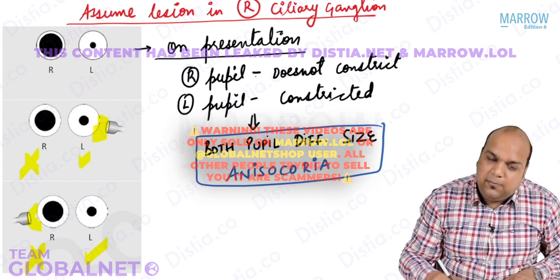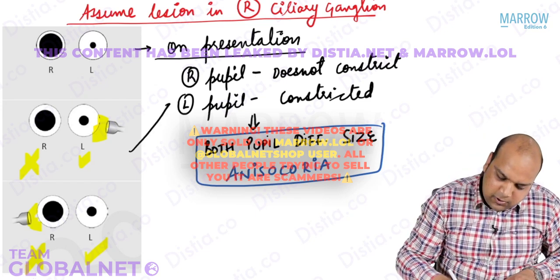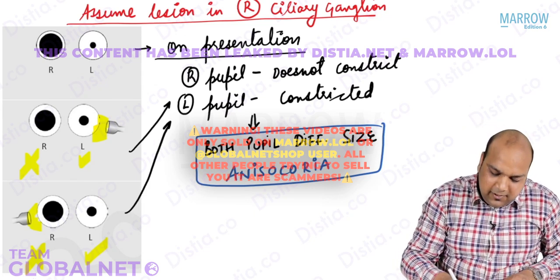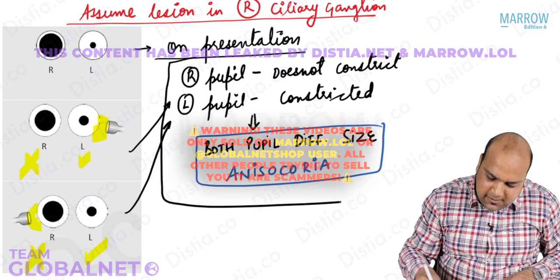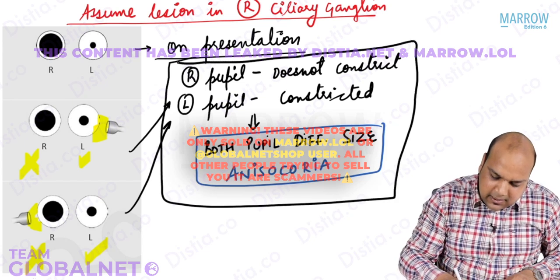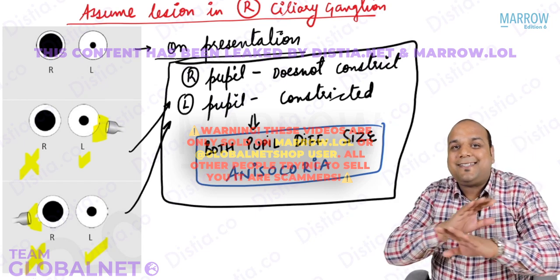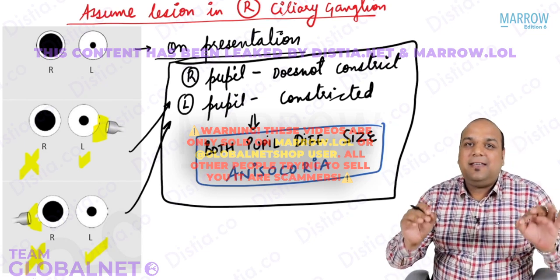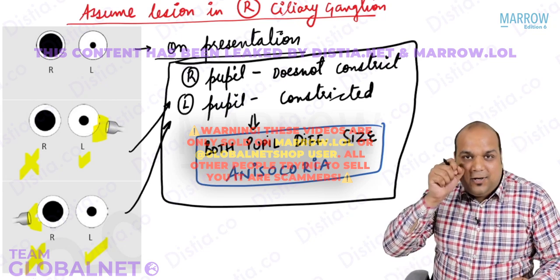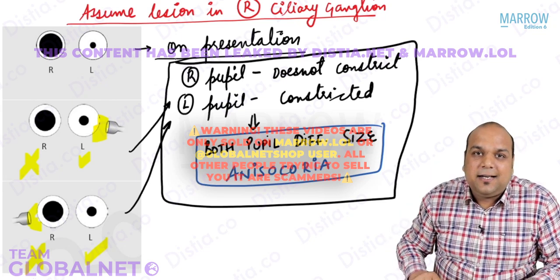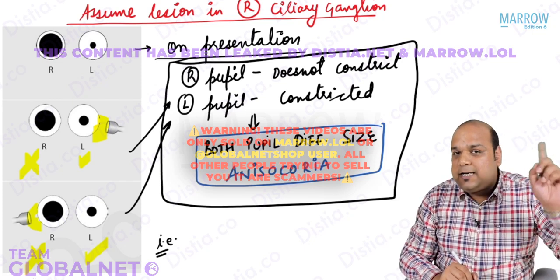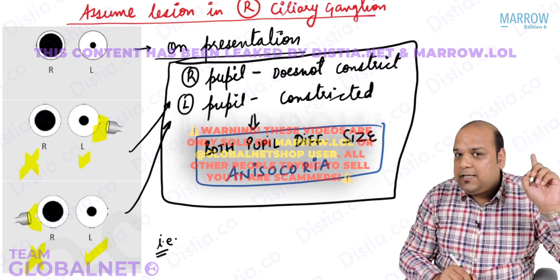So basically on presentation, on throwing light on the left side, on throwing light on the right side, whatever be the case, the findings remain the same, that the right pupil does not constrict. The left pupil is always constricted, whether you throw light on one eye or the other eye. So if I summarize, I will say, what is the site of lesion, everybody?